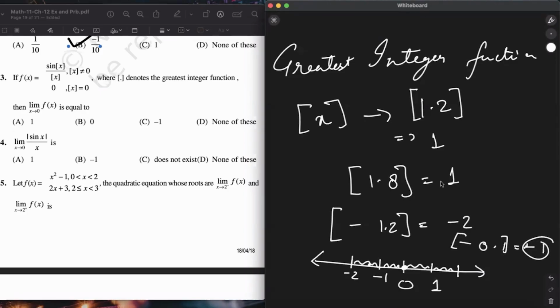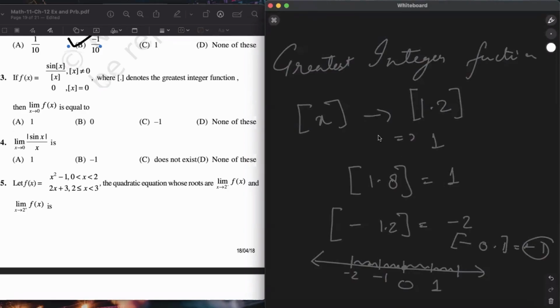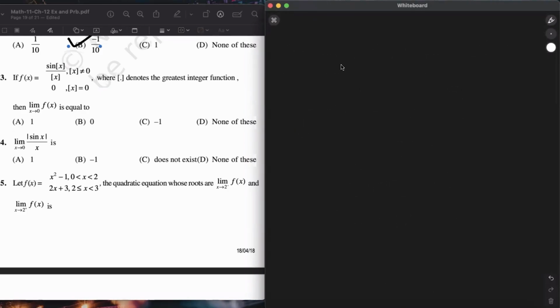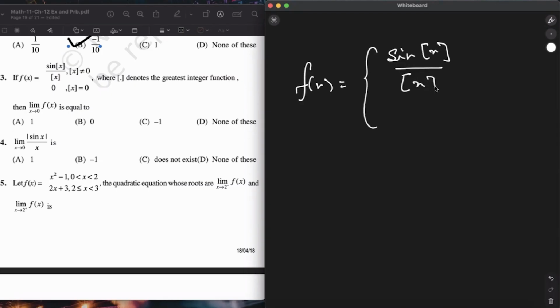Now let's get back to the question. So question दिया है हम लोग को, f(x) is going to have its value as sine of GIF of x divided by GIF of x when GIF of x is unequal to 0, and this will return a value of 0 when GIF is going to return a value of 0.